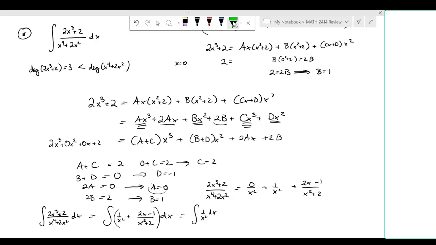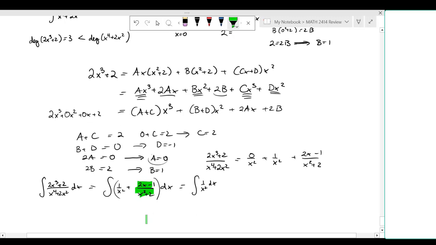But what do we do as a second term over here? What do we have to do to it? Split it, right? Because we recognize like 2x over x squared plus 2, you can use a u sub. And the other one would give us some sort of arctangent. So split it into two separate terms and integrals.